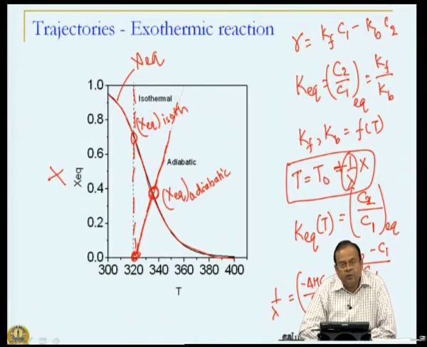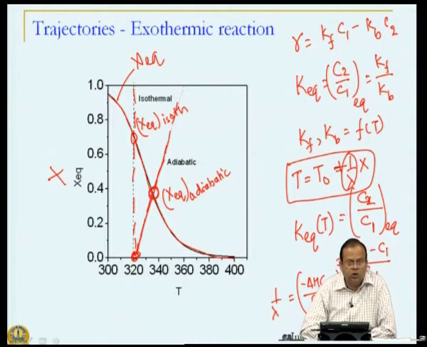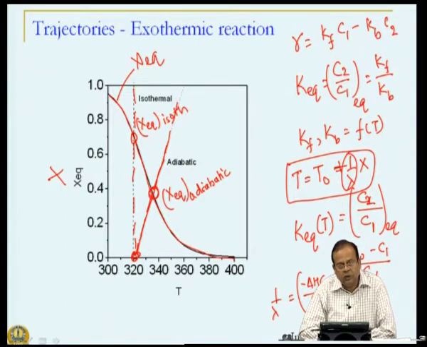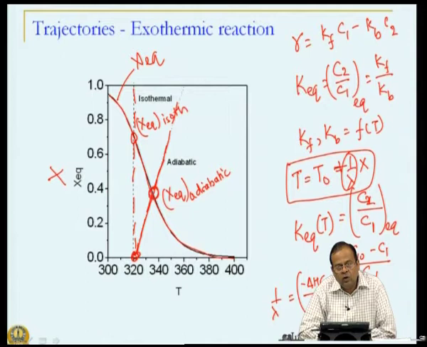So, the kinetics is favorable on an adiabatic path, but the thermodynamics is not, whereas in an isothermal reactor operation kinetics is unfavorable, whereas the thermodynamics or equilibrium is favorable. So, in both these extremes, we are not in a happy situation either way. It is always give and take. In the isothermal case, what you gain by the thermodynamic way, that is the maximum conversion, you lose in a kinetic sense, whereas in an adiabatic reactor you gain in a kinetic sense, but lose in the thermodynamic sense.